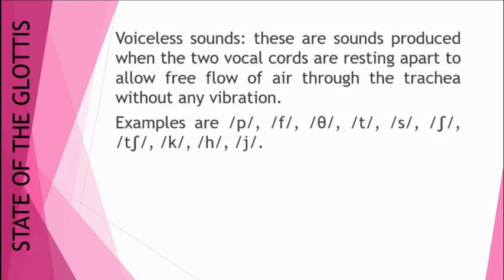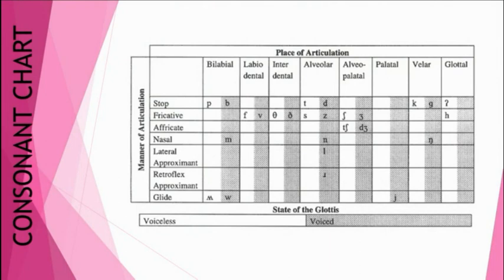So let's look at the consonant charts. Having said all, you will notice that everything I mentioned is here on the consonant chart. Look at the terms you have on the topmost part of the table. You have a place of articulation, and you can see that every explanation I made is geared towards the explanation of each of these terms, from bilabial to labiodental, dental sounds, alveolar, palato-alveolar, palatal, velar, and glottal.